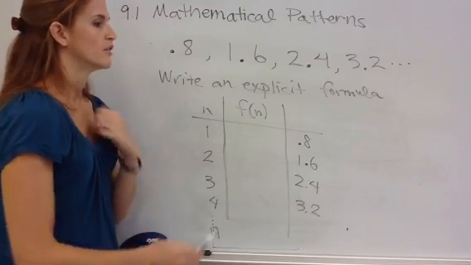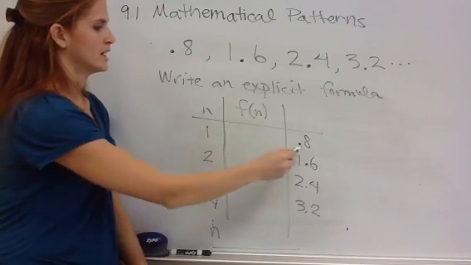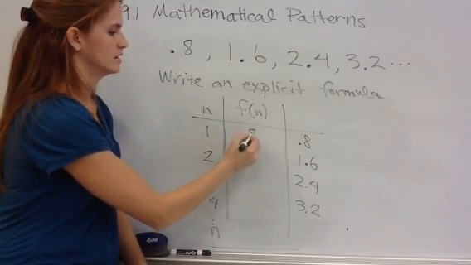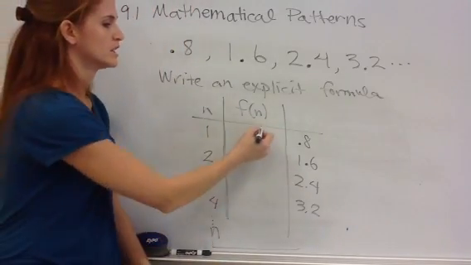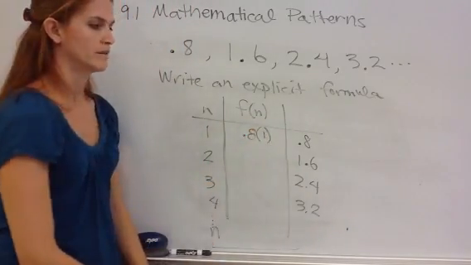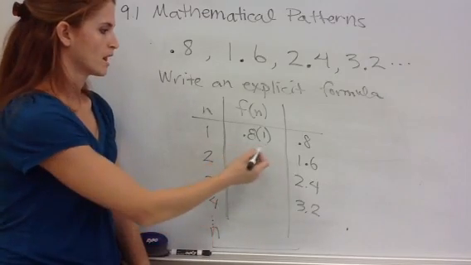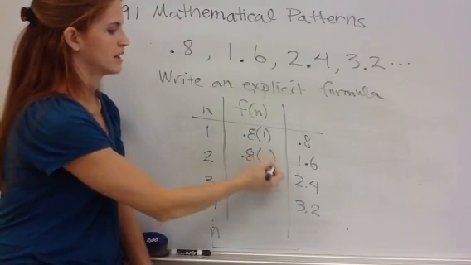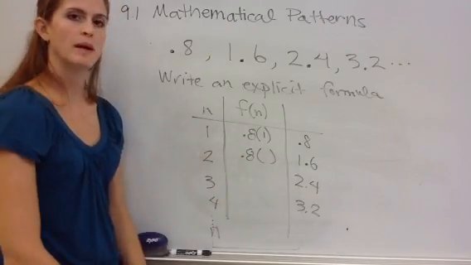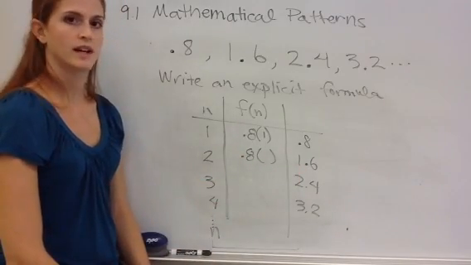For my first term, I take 0.8, and if I don't do anything with it, I get 0.8. In other words, I can think of this as being multiplied by 1. If I keep my 0.8 the same, how many times am I going to have to multiply 0.8 to get 1.6?